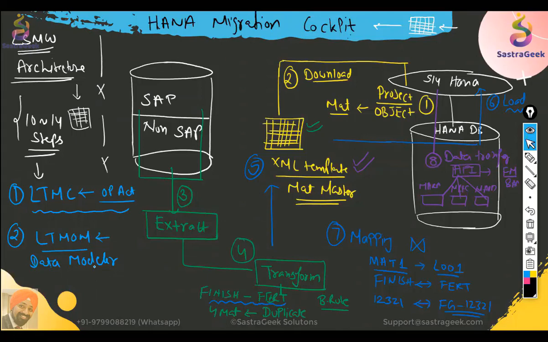With this data modeler, you would be able to change the SAP standard Excel. The SAP standard Excel comes with 200 fields, but you only need 40 fields to get data uploaded for your business. You want to remove the rest of the fields. You have some Z fields which need to be part of your Excel template. Those Z fields need to be included. For some fields you want to just put a default value. All those kinds of changes you would be able to do from LTMOM.